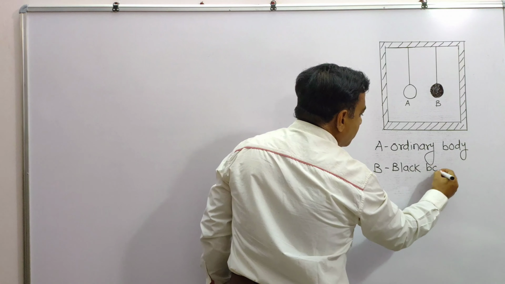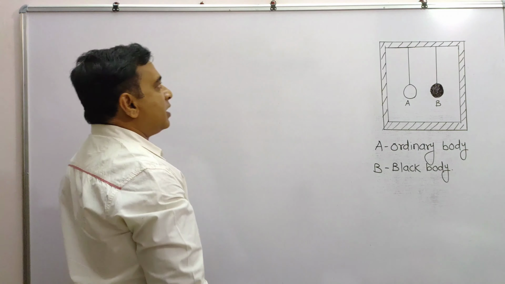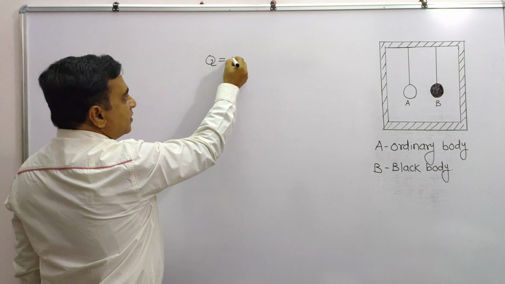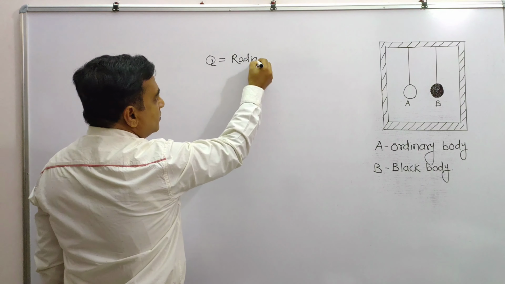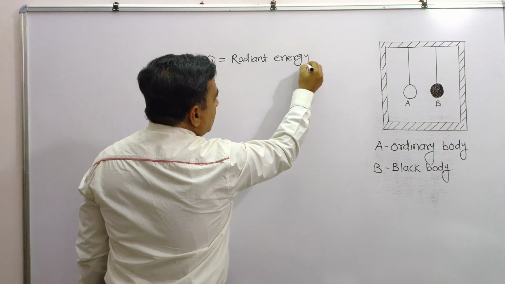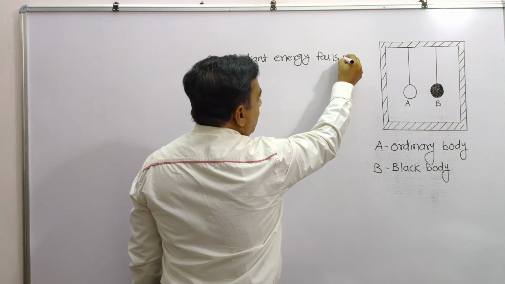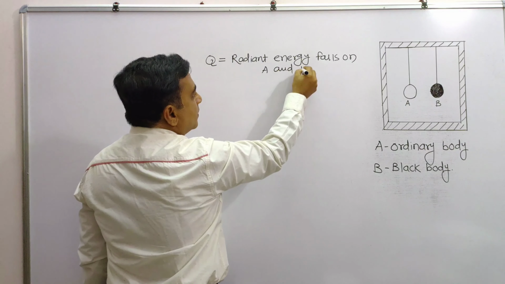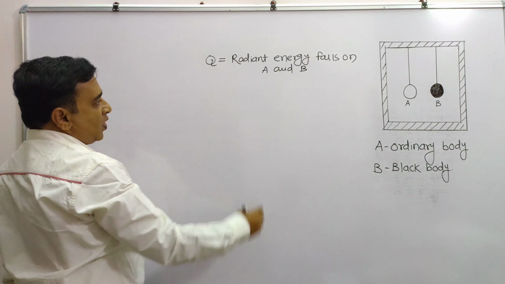And let us consider Q, this amount of radiant energy, falls on A and B, that is, on the ordinary body and the black body.